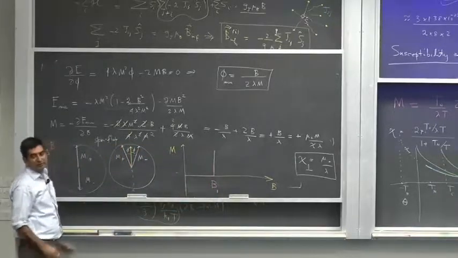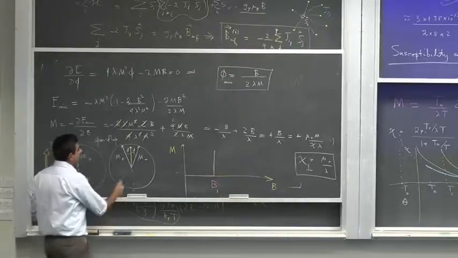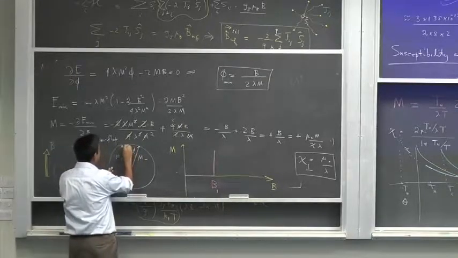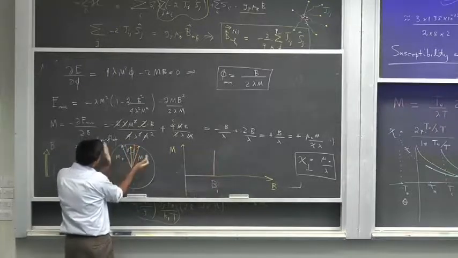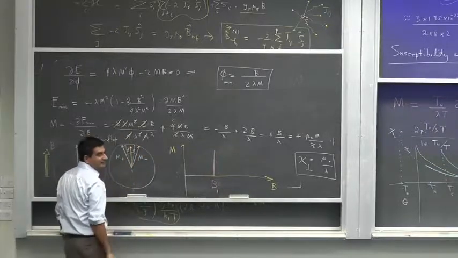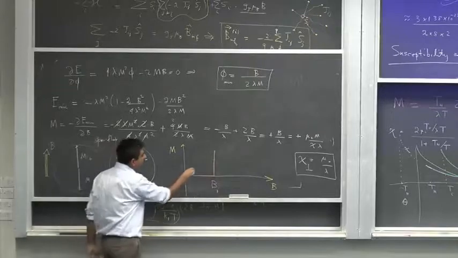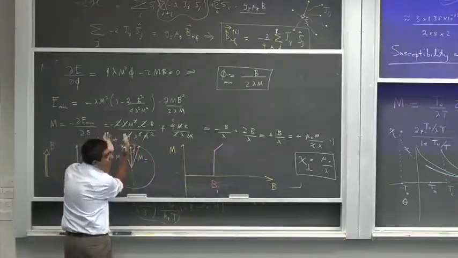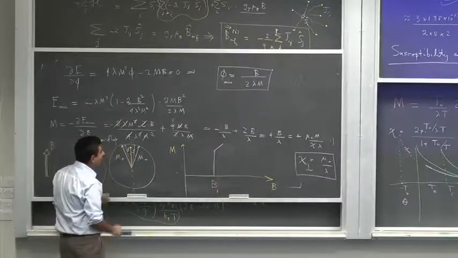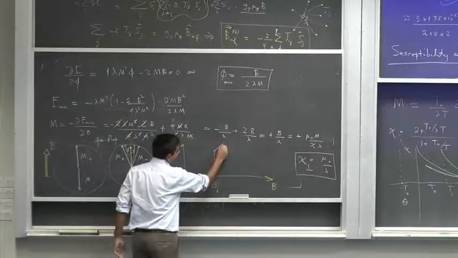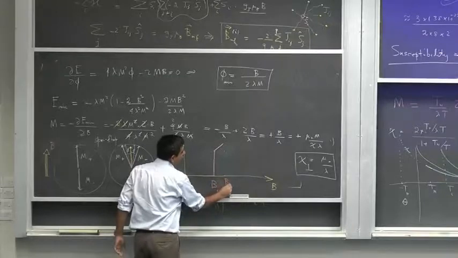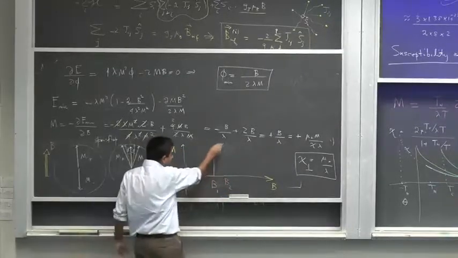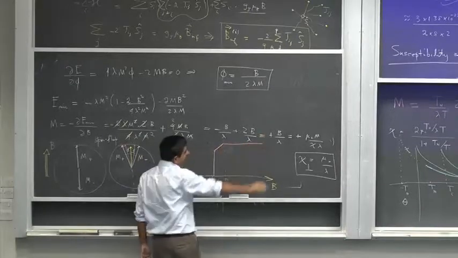Now what's going to happen if you increase the field even further? Then a torque will act on these magnetizations and they will be pulled in towards the external field. And the magnetization steadily grows in this fashion. Right? You see, the magnetization is steadily growing until you reach another critical field at which the two domains become parallel, and then you reach the saturation magnetization, and this is the graph that you get.